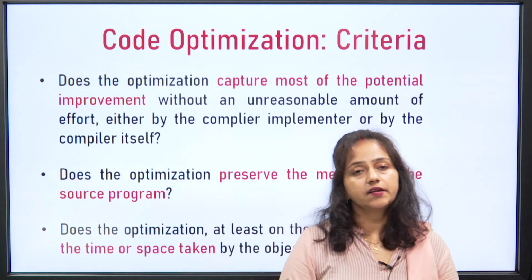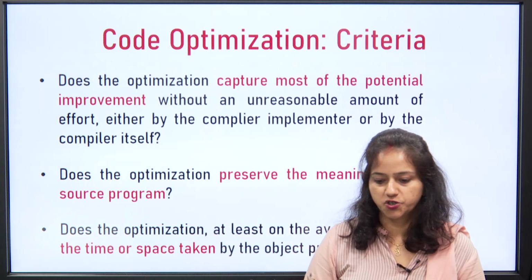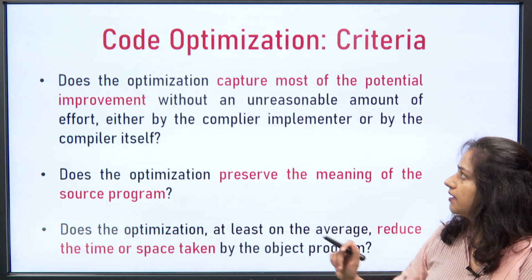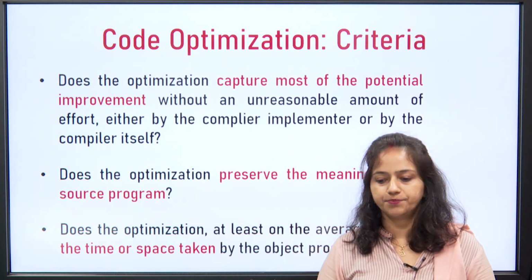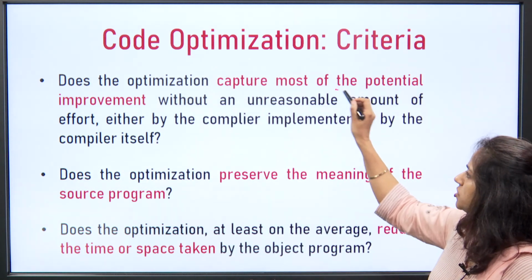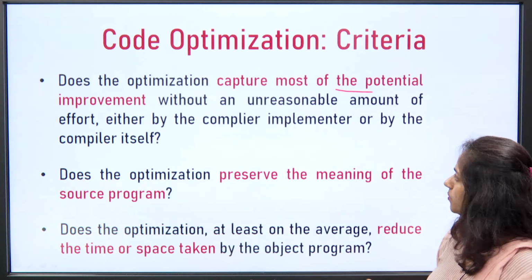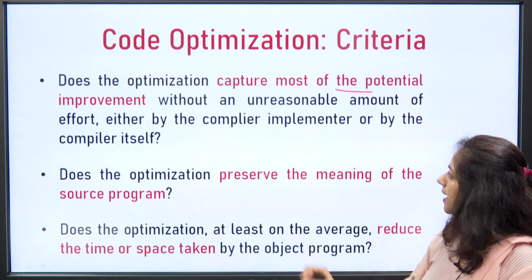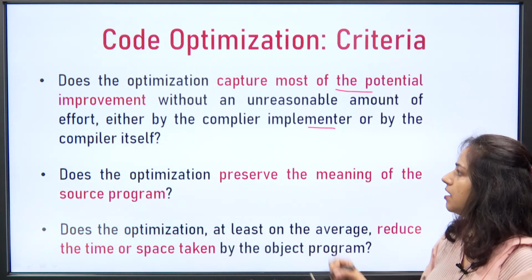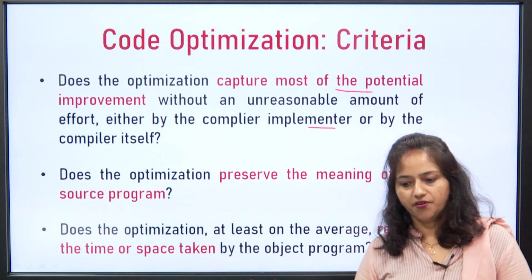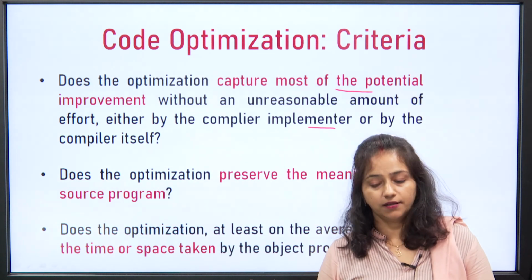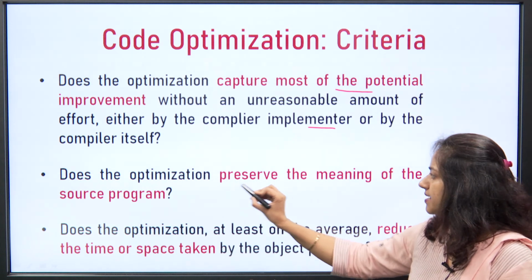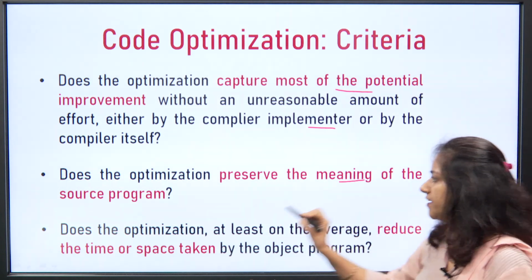Now there are three criteria for code optimization. First, does the optimization capture most of the potential improvement without an unreasonable amount of effort, either by the compiler implementer or by the compiler itself? This effort should be optimized. Second, does the optimizer preserve the meaning of the source program?